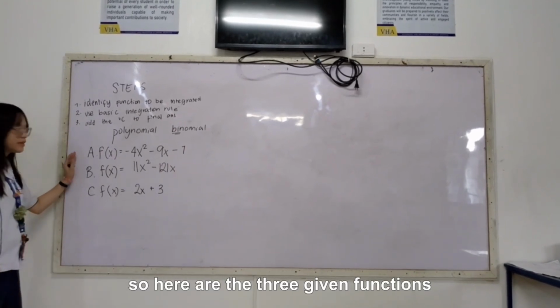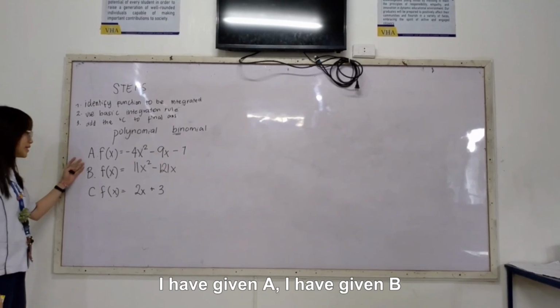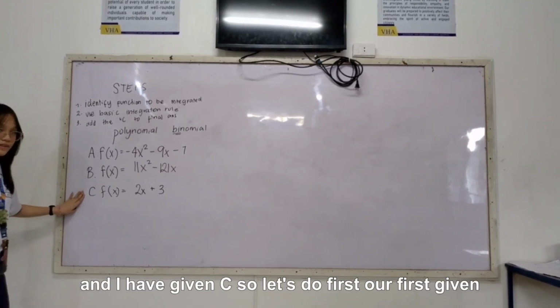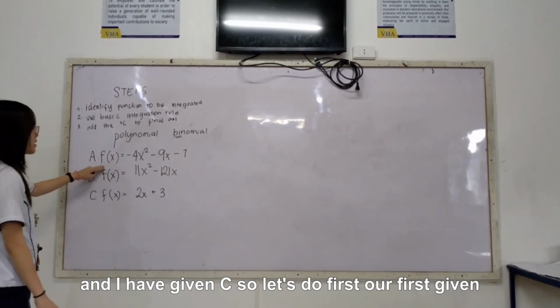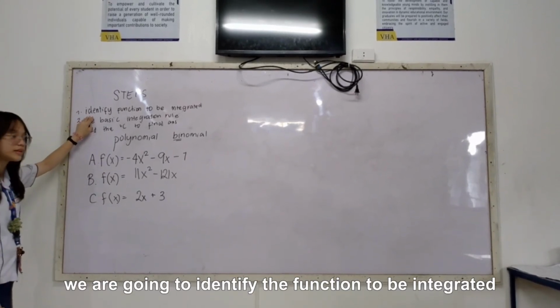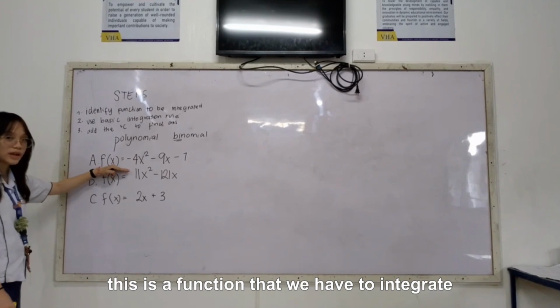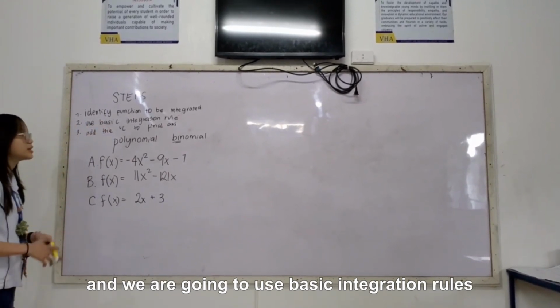So here are the 3 given functions. I have given A, I have given B, and I have given C. So let's do first our first given. Here we are going to identify the function to be integrated. This is the function that we have to integrate, and we are going to use basic integration rules.